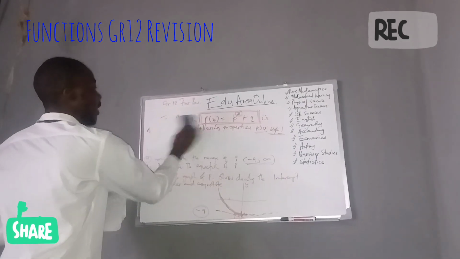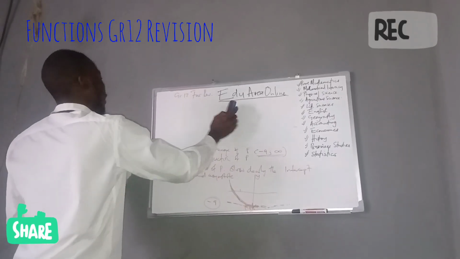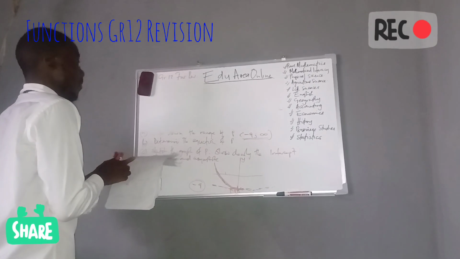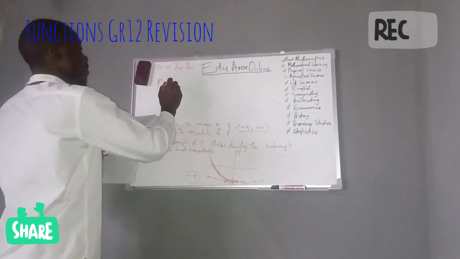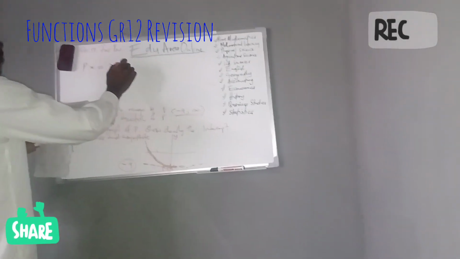Yes, this part. I can always check from the question. So we are saying P(x) is all values greater than minus 9.